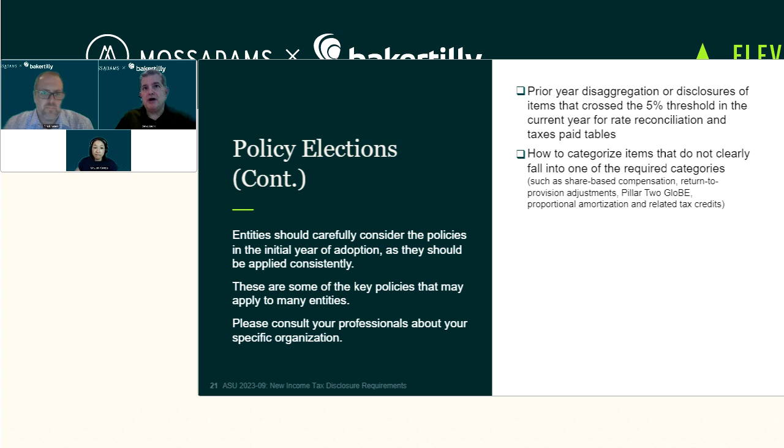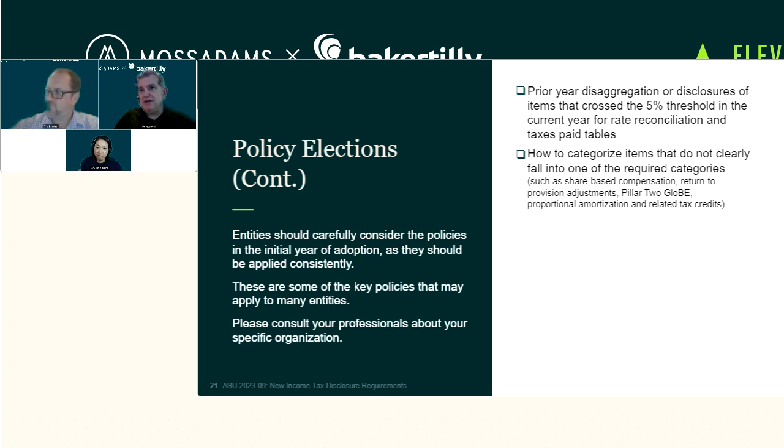And then, as I mentioned, the prior year disaggregation of disclosures that cross the 5% in the current year, but are less than 5% in the prior year: whether you still put that number in, or you call it NA, or put it in other for that category in the prior year. And then other things that we haven't talked about: share-based compensation normally would be in other, but as Tim mentioned, if it's greater than 5% by nature, maybe share-based compensation would be a separate item.